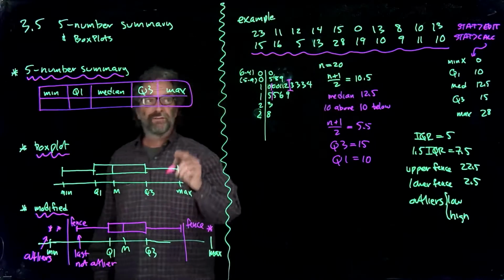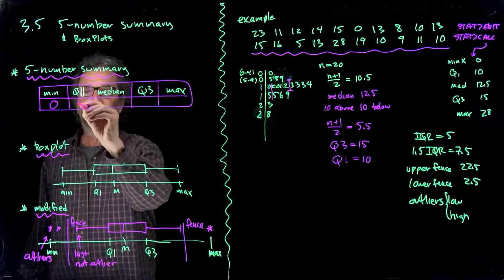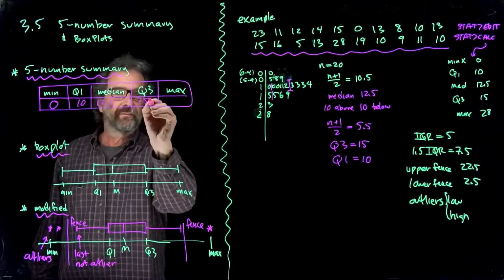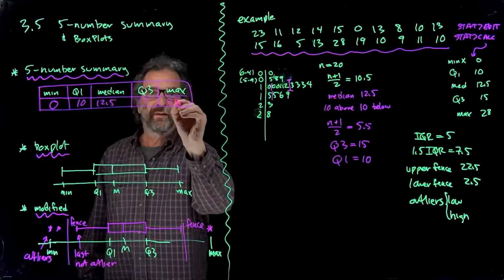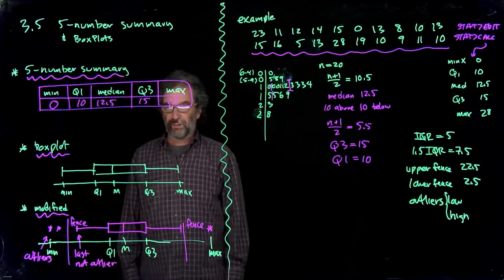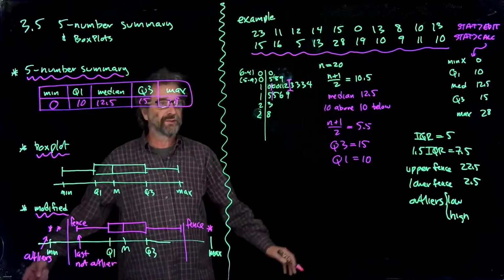So I'm going to put it here for that data: 0, 10, 12.5, 15, and 28, like that. And then we're going to verify those are the right numbers, just because.